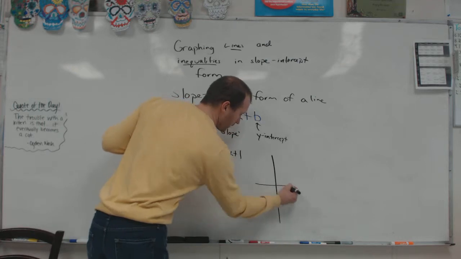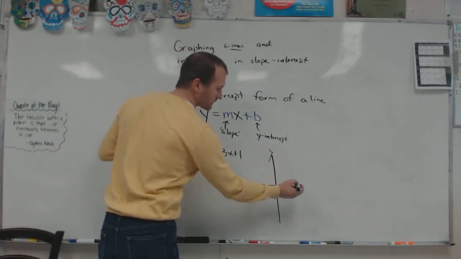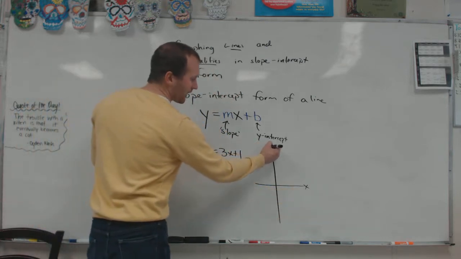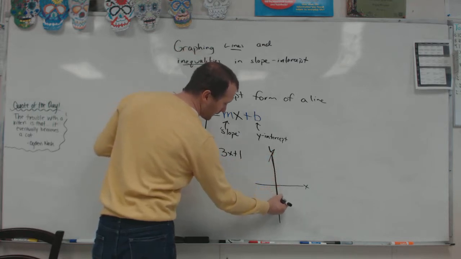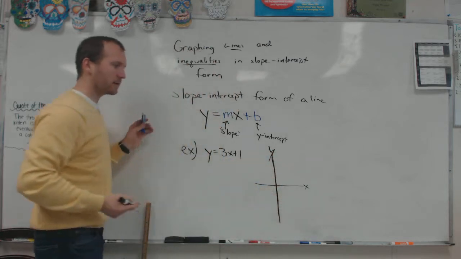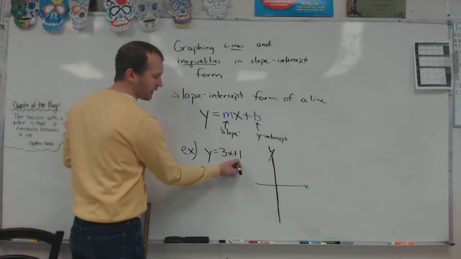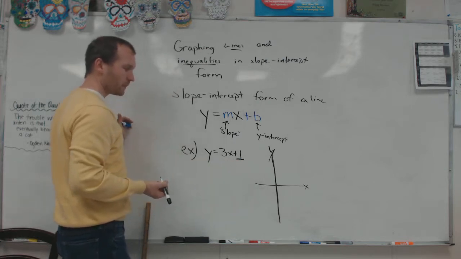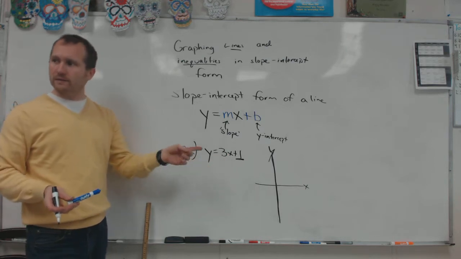We start with the y-intercept. So remember, on a graph, this is our y-axis, and this is our x-axis. I remember that by this y having a long tail going down, making this axis. Okay? So our y-intercept is plus 1, according to slope-intercept form. What that means is when x is 0, y is 1.